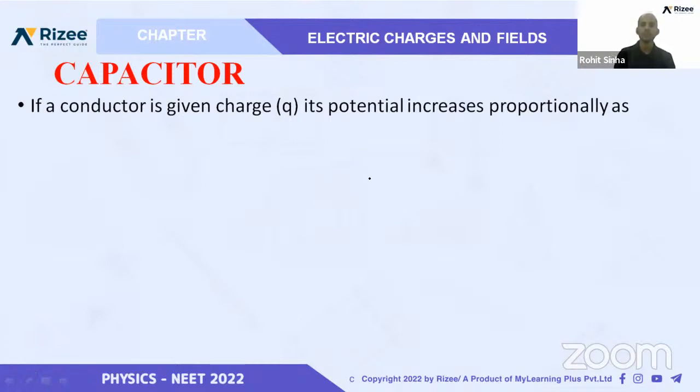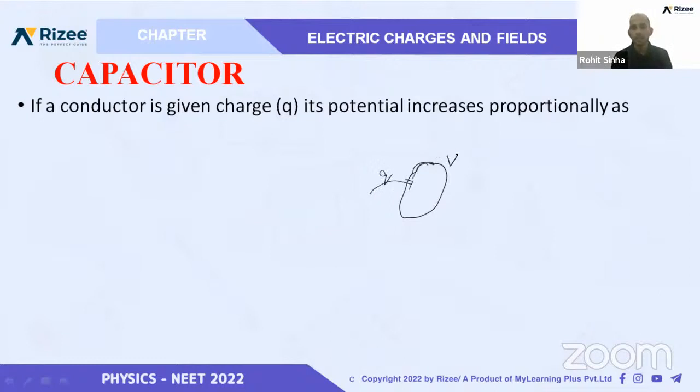Let us assume that I have one conductor and I have given some charge Q to it.